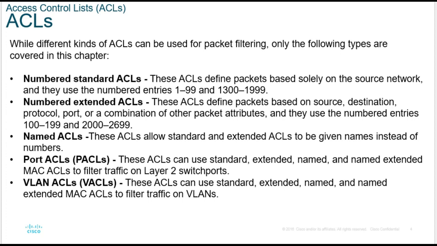Compared to the standard and extended ACLs, which use source and destination IP addresses as well as source and destination port numbers, the port ACL specifically filters based on MAC addresses at layer 2 switch ports, and VLAN ACLs can filter based on VLANs.